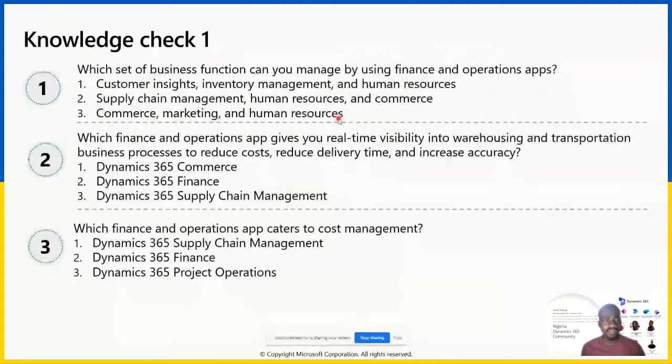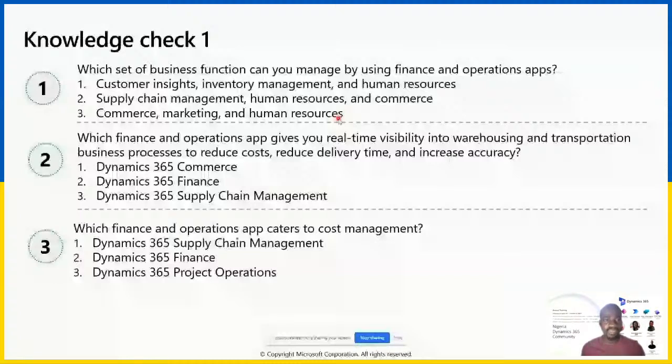So could it be number one, number two, or number three? We say that the family in finance and operations are finance, supply chain management, human resources, commerce, and project operation. Yeah, I think you guessed right.